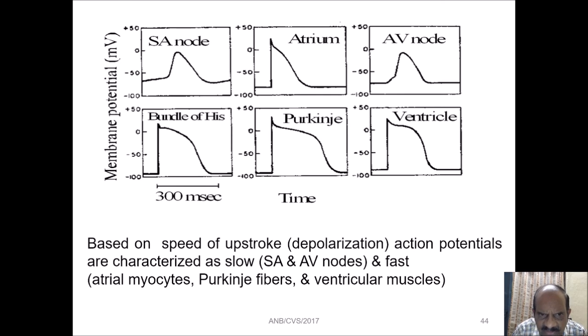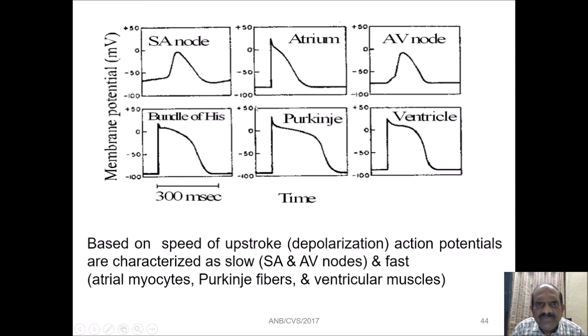Now what is that? I will show you. You can see the action potentials which are recorded in the different parts of the heart. Now, non-nodal action potentials, you will find in the atrium, then ventricle, and the Purkinje fibers.